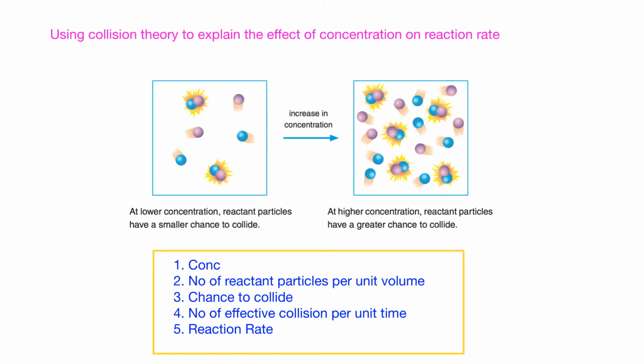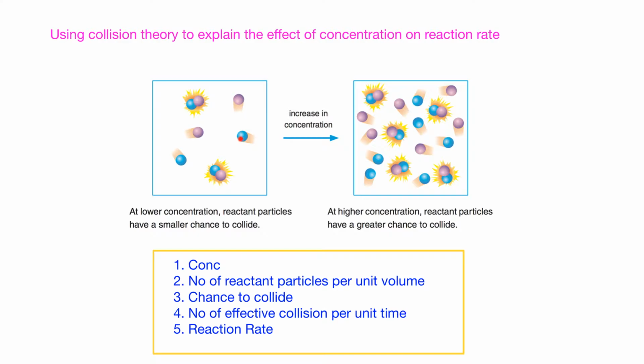So if we want to explain why at higher concentrations the rate will be faster, basically we can consider this picture. This is the container. Inside you see that the particles are quite far apart. They will just randomly move around in this container.